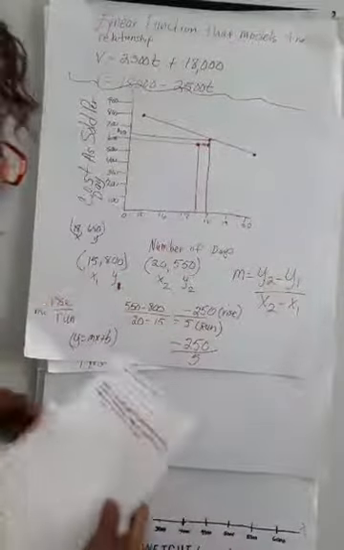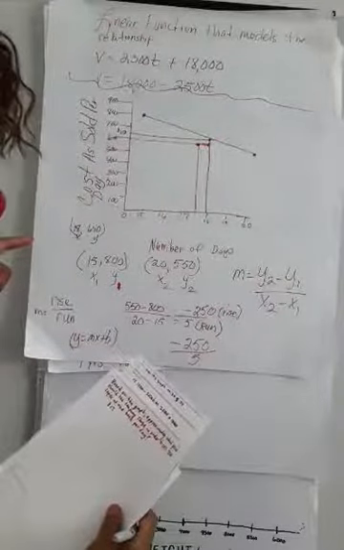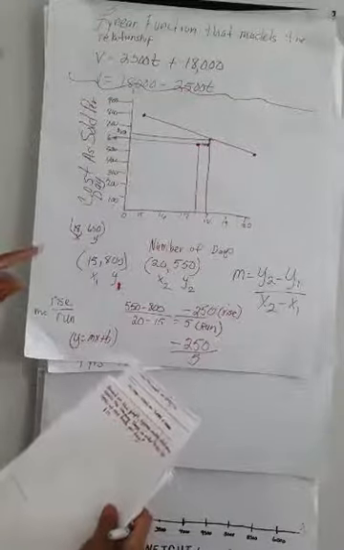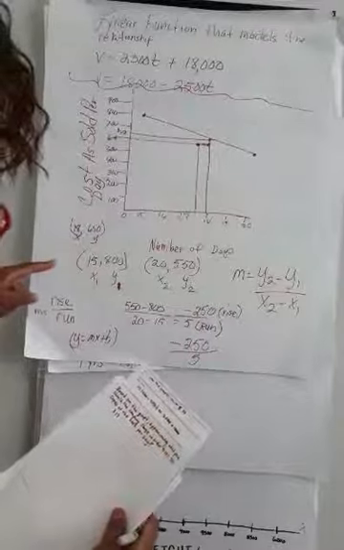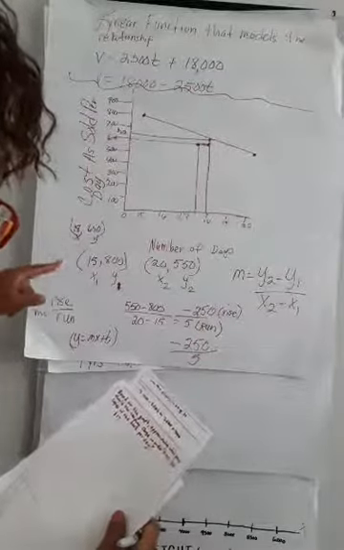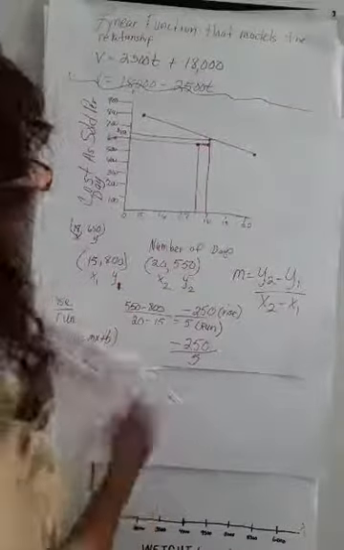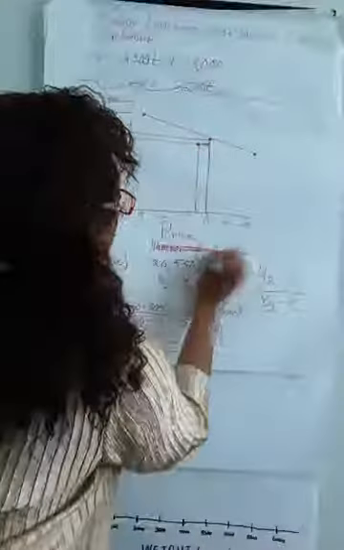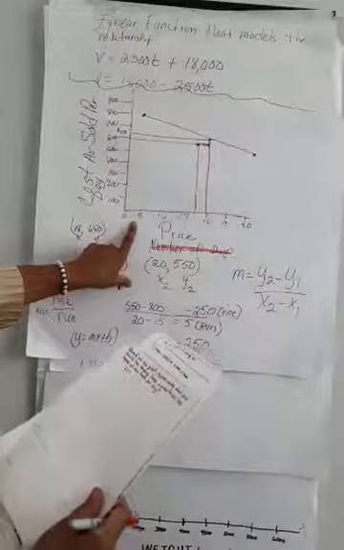Based on the graph, approximately what price should the company charge in order to sell 700 copies? Oh, this is supposed to be price. So what price would they sell?